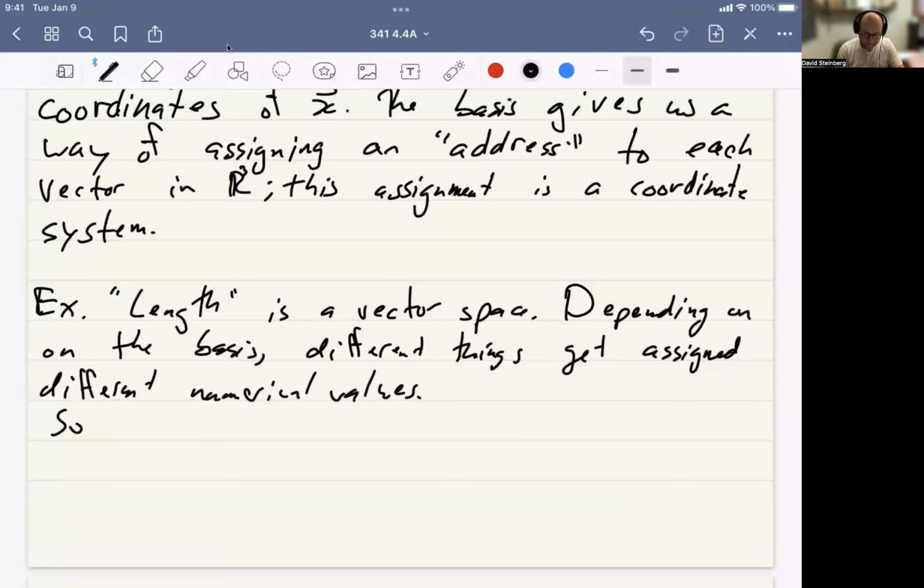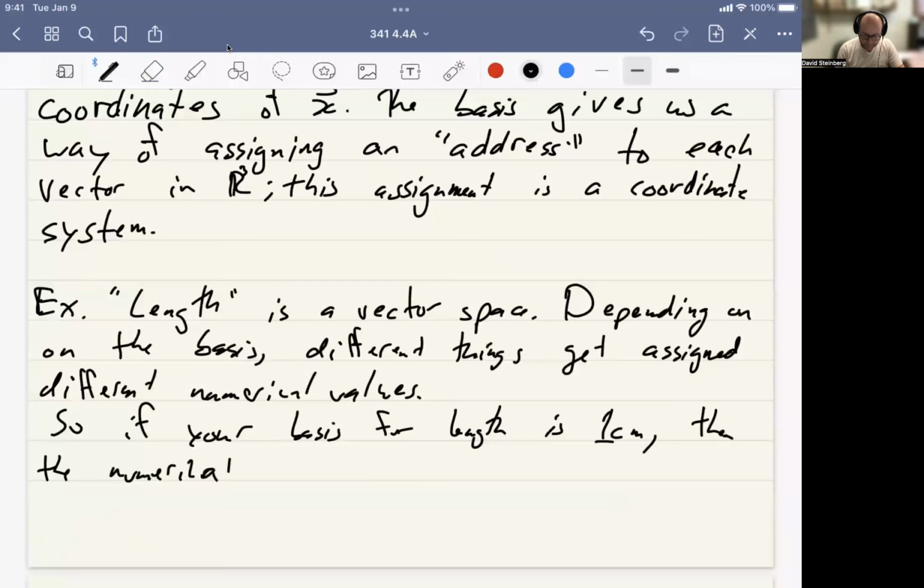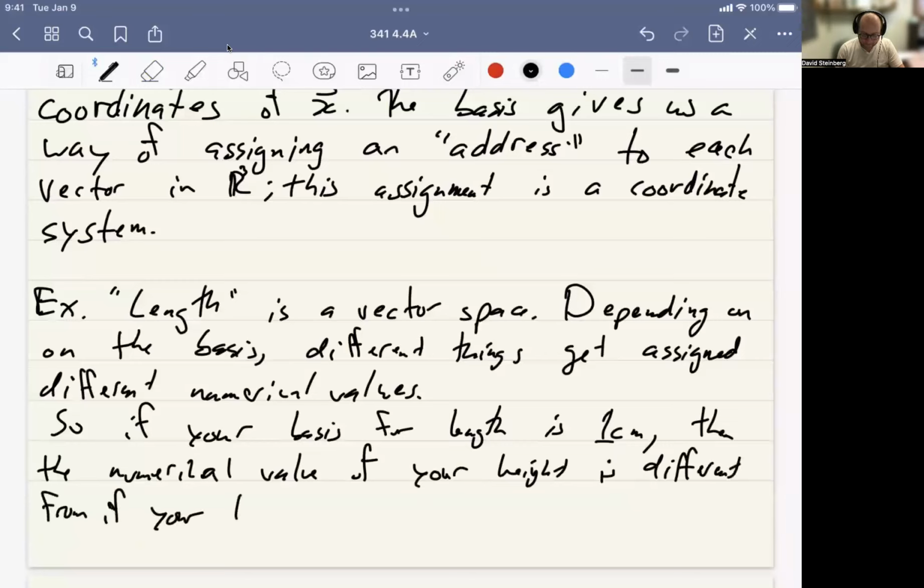So if your basis for length is 1 centimeter, then the numerical value of your height, say, is different from if your basis is 1 inch.